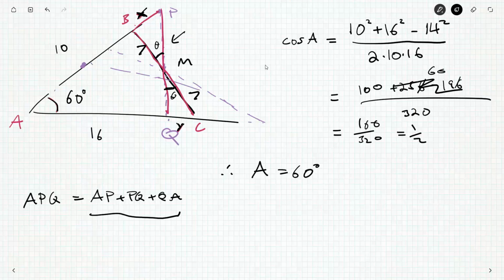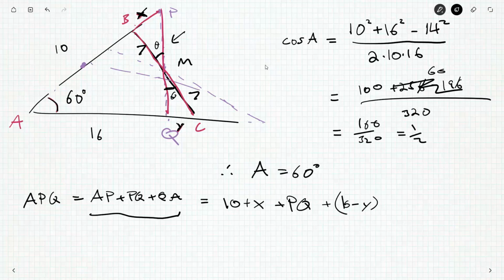Now, what could we do? So AP is going to be 10 plus X, whatever it is. And then there's going to be PQ, which I can figure out by cosine law once I know X and Y. And AQ is going to be 16 minus Y. Okay.